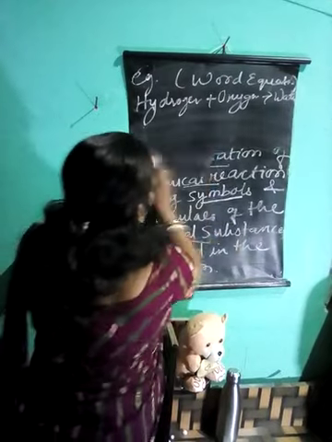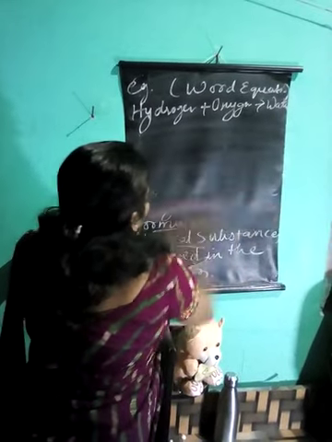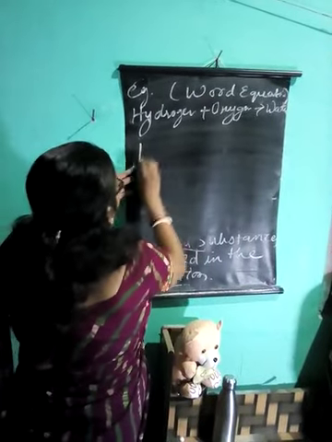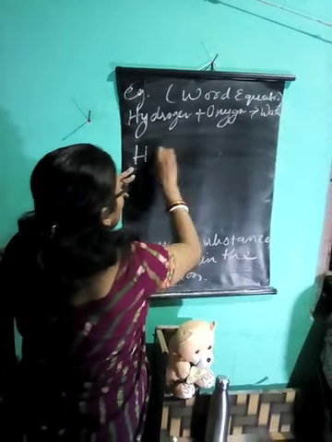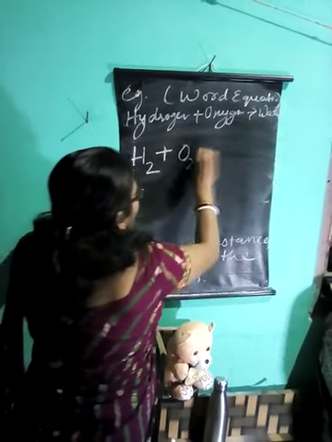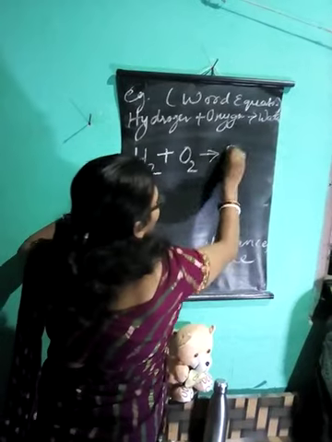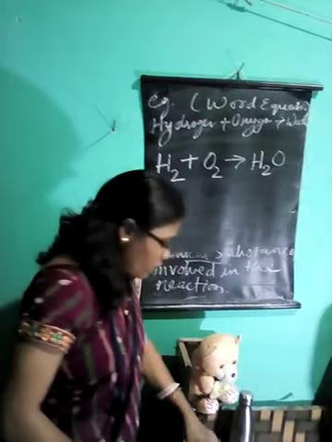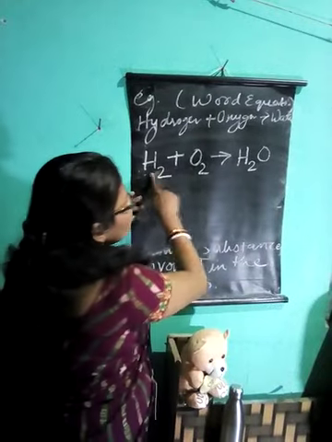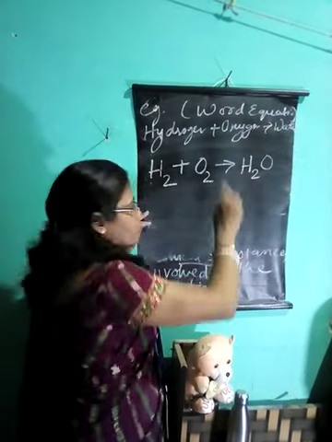Now, in another form, when we write it using formulae, hydrogen formula H2, plus oxygen formula O2. What do you get? What is the formula of water? You have studied previous year. H2O is the formula of water. So hydrogen plus oxygen forms water.